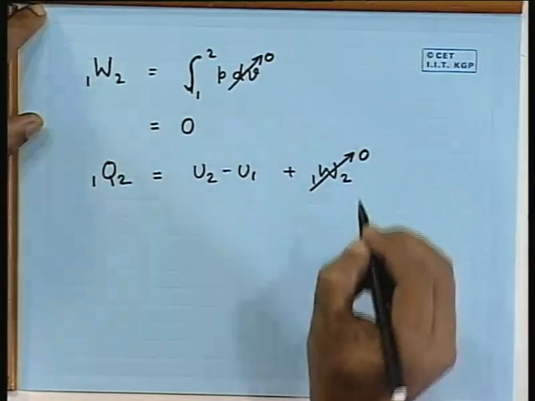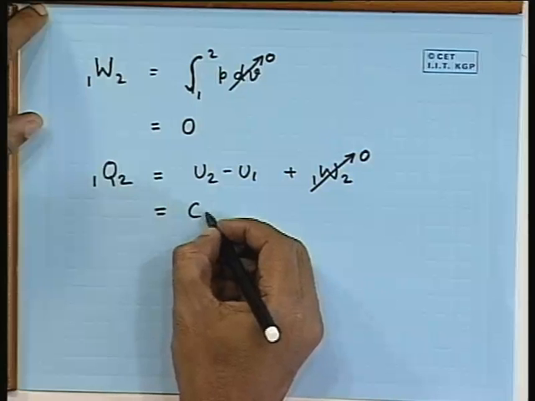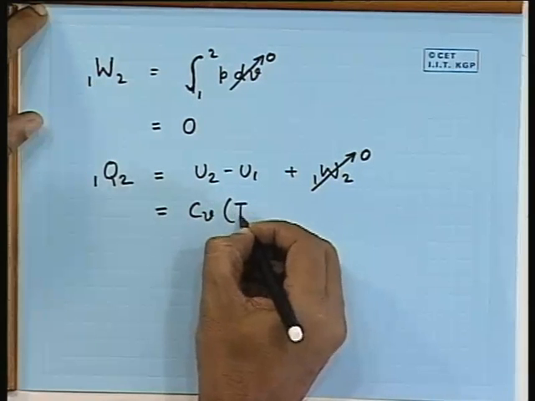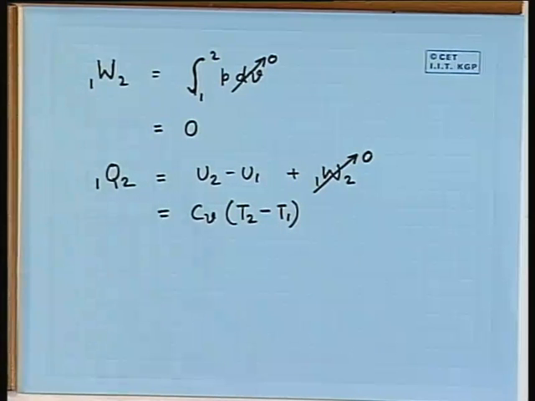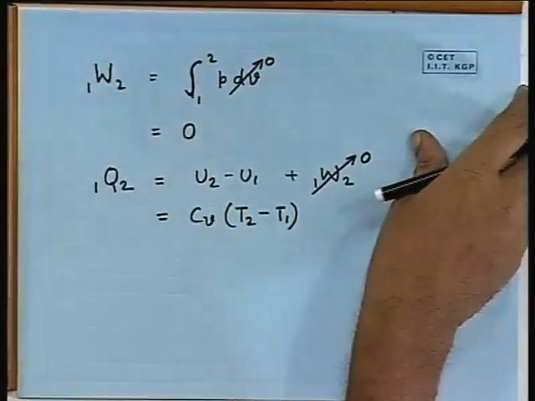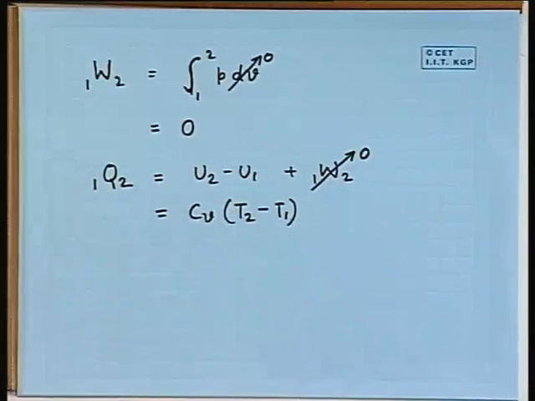This W is equal to 0, and in this case this will be Cv (T2 minus T1). That is how we will get the heat transfer during this process. This is again equal to the change in internal energy.